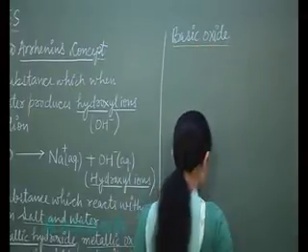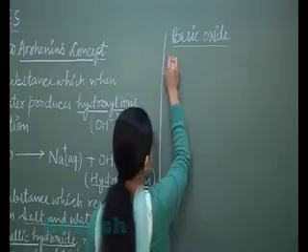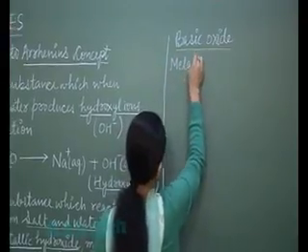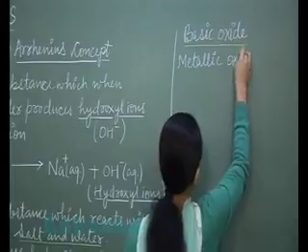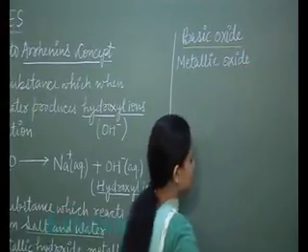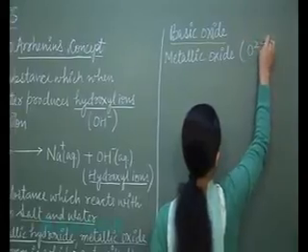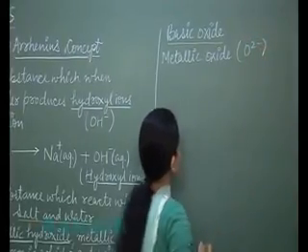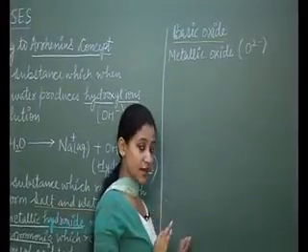And this basic oxide is nothing but a metallic oxide. What is a basic oxide? It is a metallic oxide. And metallic oxide contains oxide ions in it. And what is an oxide ion? O2 negative ion. Now let us see, can we include the basic oxide or metallic oxide as a base?